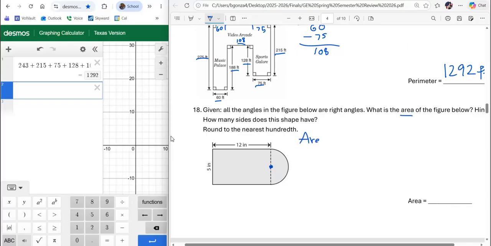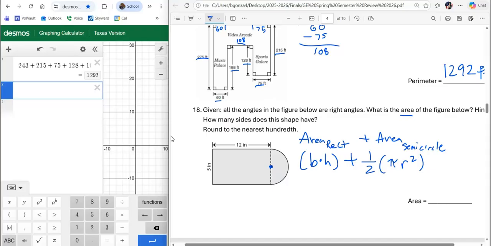So the area of the rectangle plus the area of the semicircle, right? So rectangle is just going to be base times height. Okay. Plus, now semicircle, this is half a circle. Half, and a circle is pi r squared. So all we need to know is base, height, and radius.